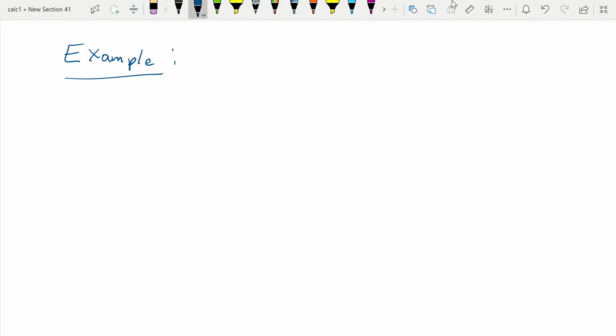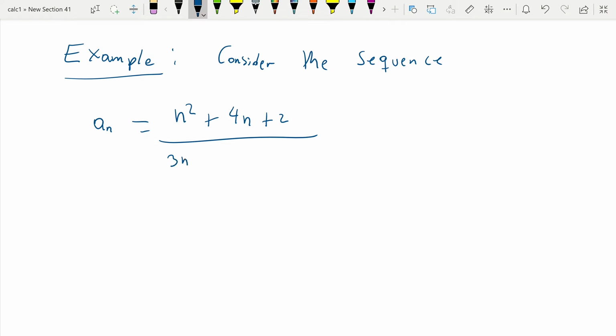Consider the sequence a sub n is equal to n squared plus 4n plus 2, say, divided by 3n squared plus 5n.